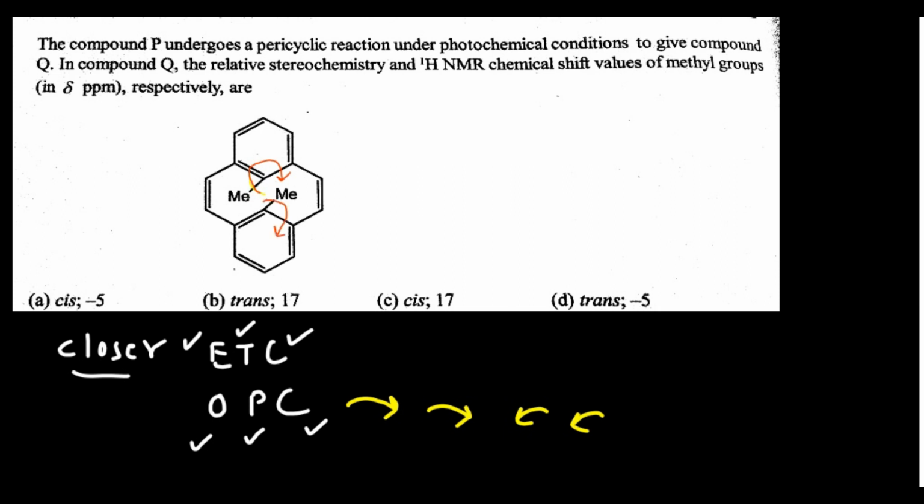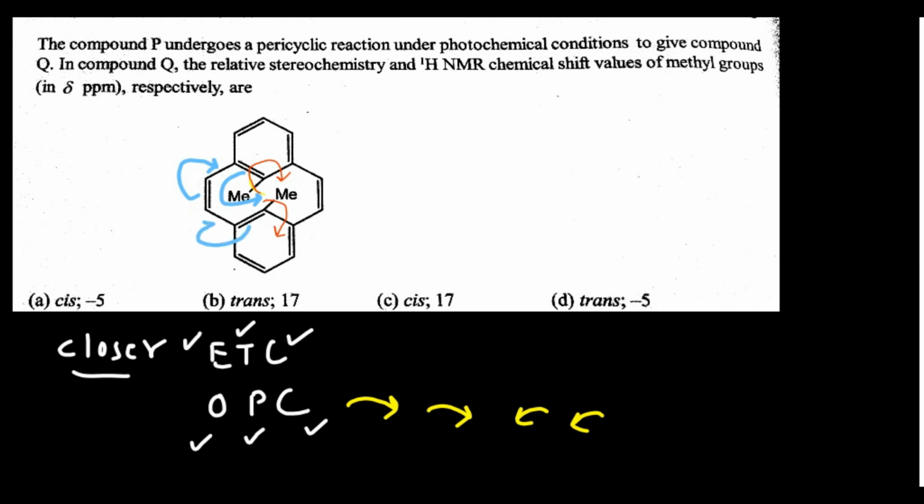And simultaneously what will happen in that case, the electrocyclic ring closure will occur, and for this electron pair will come here, and this will go there, and this will come here.